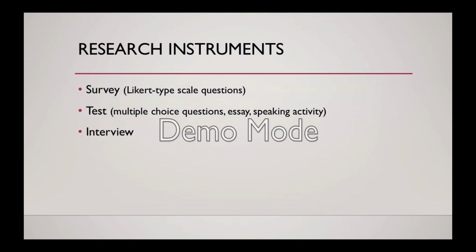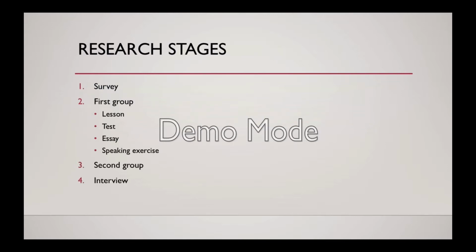Coming to the stages, before starting the whole research process, the survey was taken from the participants. There were mostly questions about their perception of teachers teaching, the studying by themselves, the usage of the mobile phones, and overall things that were connected to the purpose of this research.